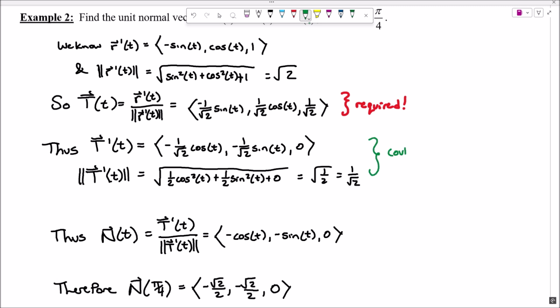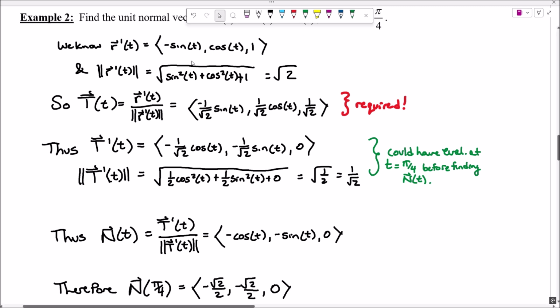I could have evaluated this at t equals pi over 4 before finding N of t.